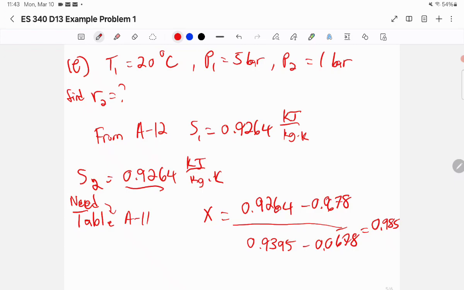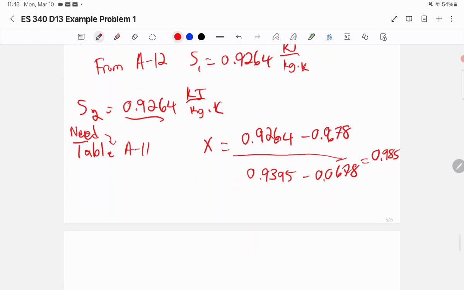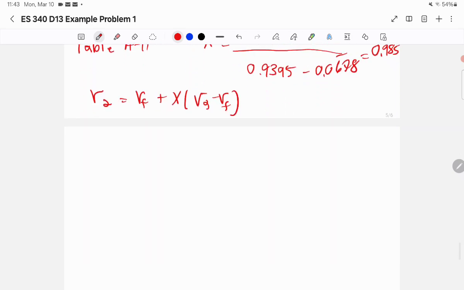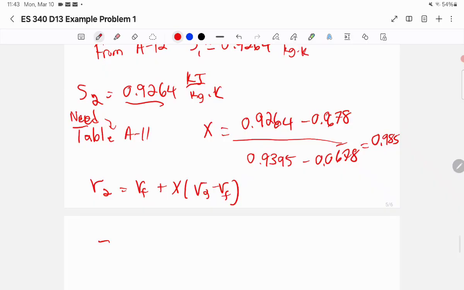So it's pretty close to a pure vapor, but not quite. So V2 then is equal to VF plus X times VG minus VF. And again, if you substitute in the values that you find off the table, this one comes out to be 0.188 meters cubed per kilogram.